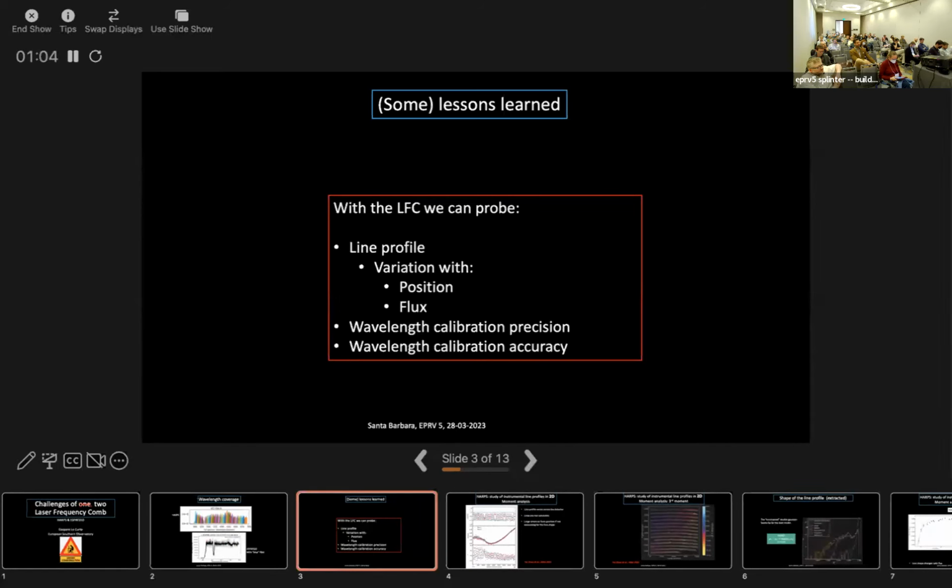And then the 2 big questions which bring to precision and accuracy of our wavelength calibration. This is not precision or accuracy of the comb itself, but rather of what we see in our system.